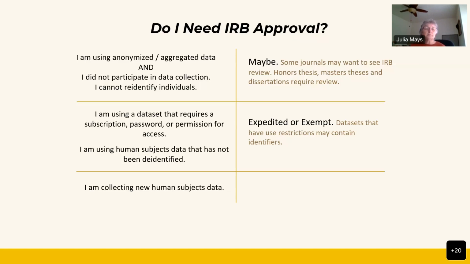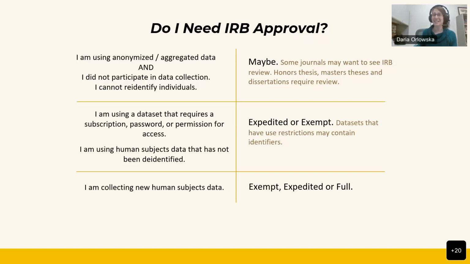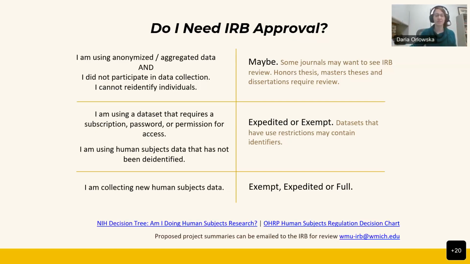Yes, and if you are collecting new human subjects data, then you definitely need to go to the IRB and say, I'm collecting new research. Your study may fall under exempt, expedited, or full review, depending on how sensitive the information is.